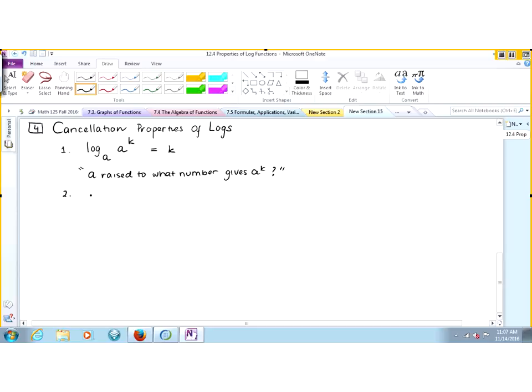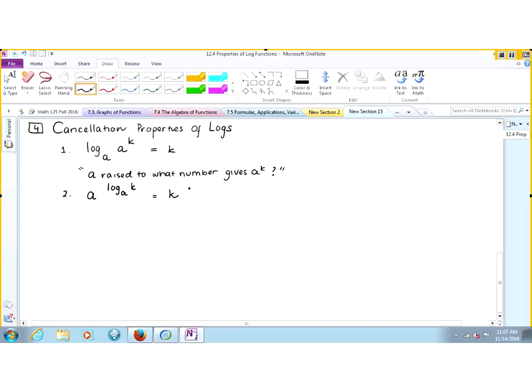The second one is a raised to the log base a of k. This is also equal to k. How do I prove that?